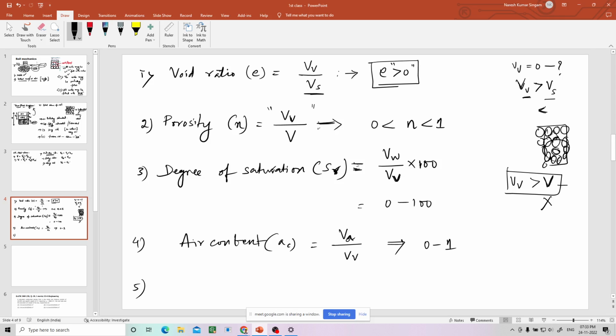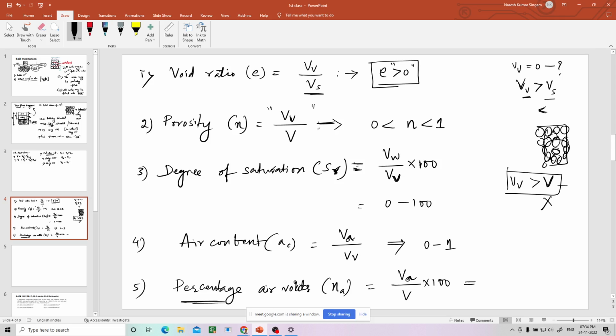Then percentage air voids. Another parameter is percentage air voids, which is denoted by na, defined as the volume of air by total volume times 100. The name itself has percentage.